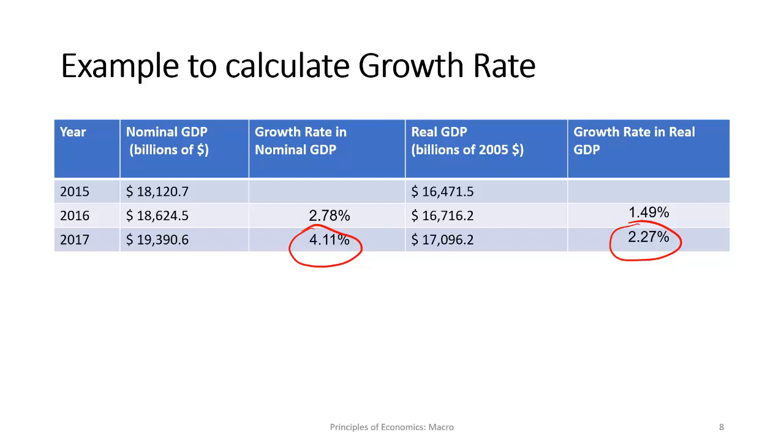And there's a reason behind it. If you remember the definition, nominal GDP does not account for price change, which means that GDP can increase because of two factors. One is an increase in production of goods and services, and the other is an increase in prices.